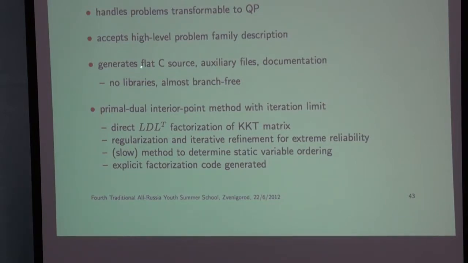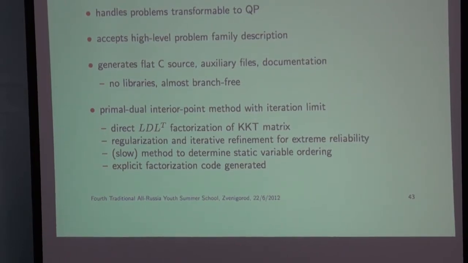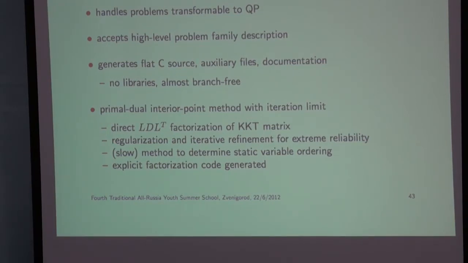And in fact, the C source that comes out has no libraries, zero. You have to link in the math library, but only if you want to turn on the diagnostics, and you only need one thing, square root, to give the norm. That's it. Otherwise, it requires zero libraries whatsoever. None.